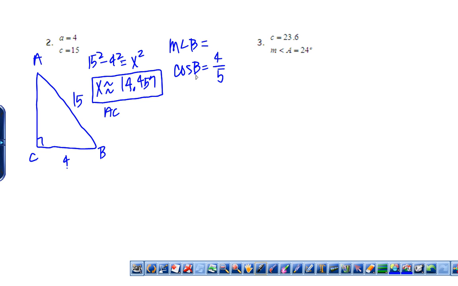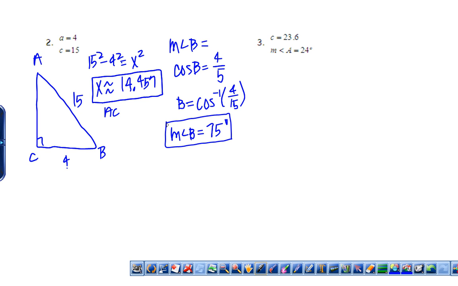So in order to solve for just B, I'm going to move my cosine over, which we now know in order to solve for that is an arc. So that's going to be arc cosine of 4 over 15. So make sure you have that in degree mode. Plug that into your calculator. And the measure of angle B should be 75 degrees.